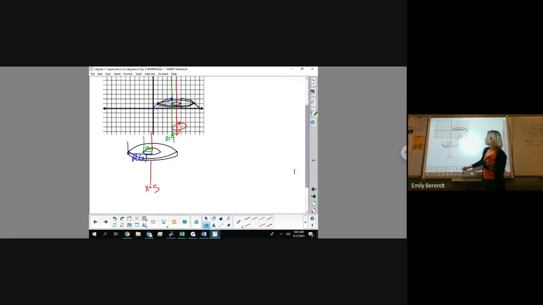Revolve my function of y equals the square root of x. Remember, you don't want to use that. So x equals y squared because we're stacking them. They're running horizontally, but you're stacking them vertically. So big R of x.